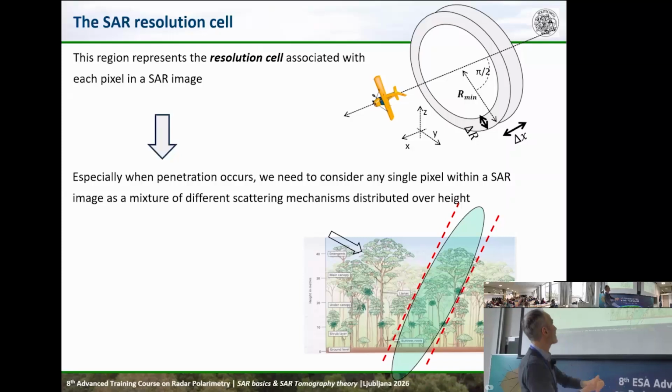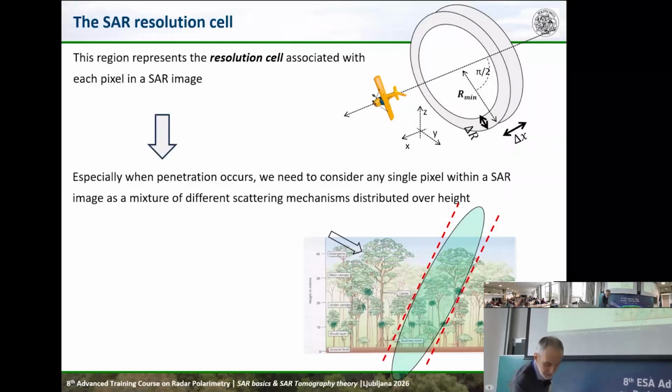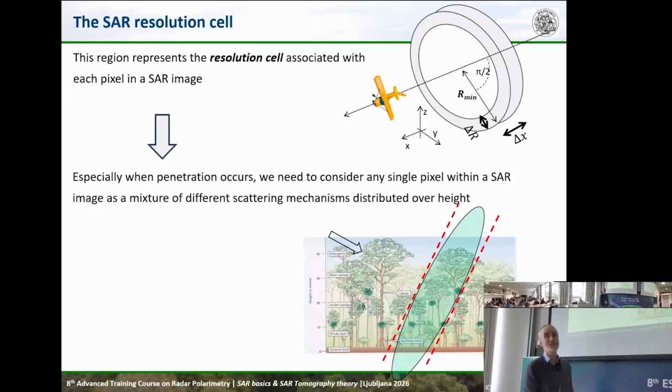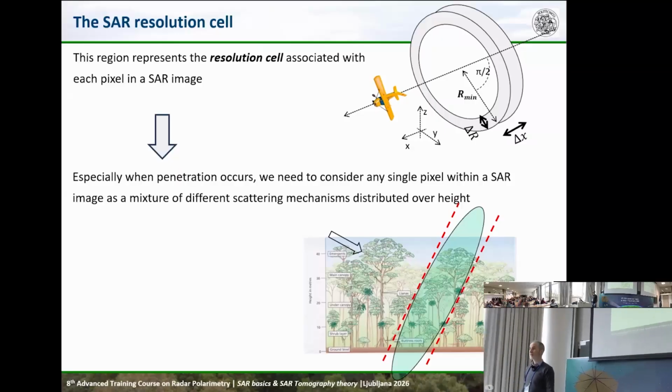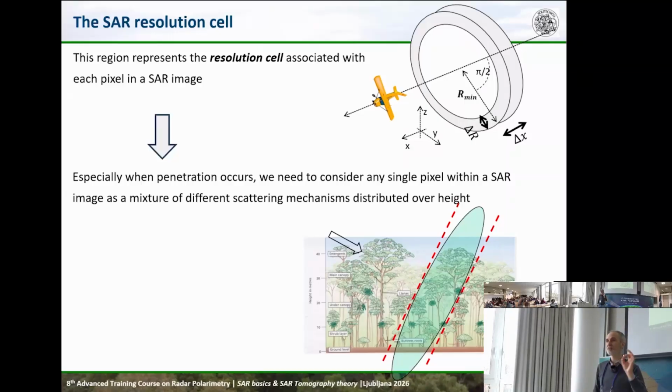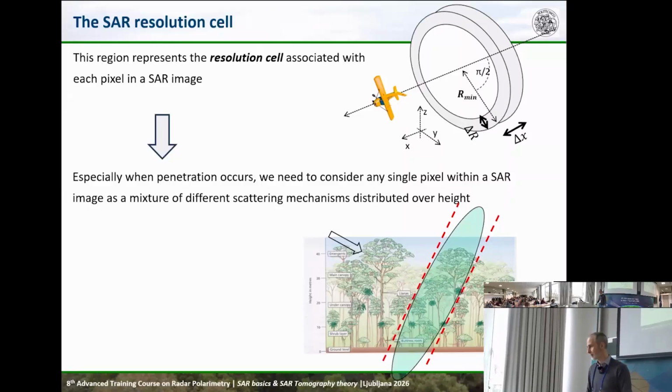So you are sensitive to whatever stays in this region of space. This is called, and this is a super important concept, the resolution cell. So the region of space that you can resolve.